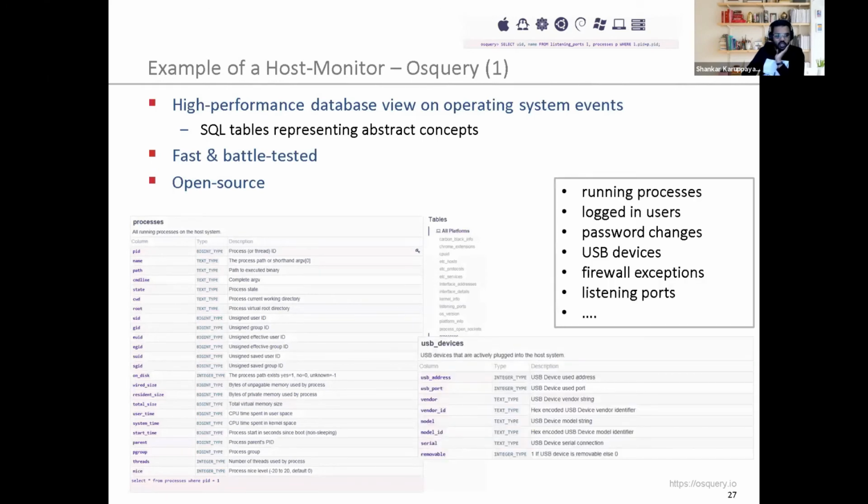So you can look at a lot of data on the system. For example, the running processes, who's logged in as users, when password changes happen, what USB devices are connected, what the firewall exceptions are, what ports are being listened on, which means what applications are listening on what port, sockets, and so on. So all this kind of information you can get using OSQuery.